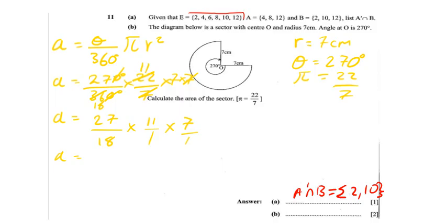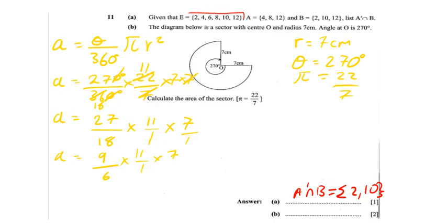So if you start by saying 3 into 15, it is 5. 3 into 18, it is 6. 3 into 21, it is 7. 3 into 24, it is 8. 3 into 27, it is 9. So you have 9 over, now 3 into 18, it is 6, multiplied by 11 over 1 multiplied by a 7 there.